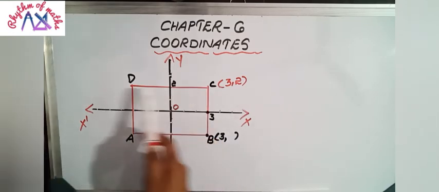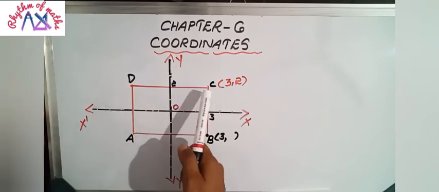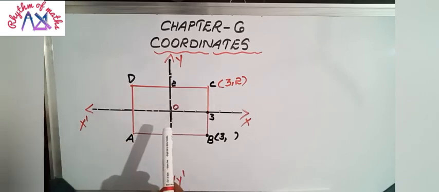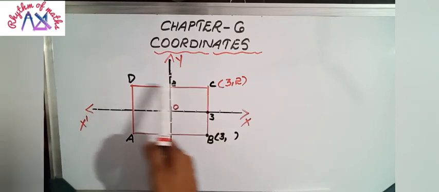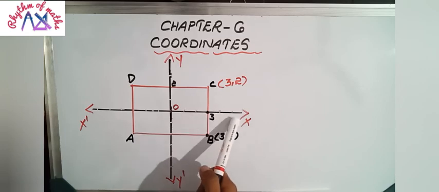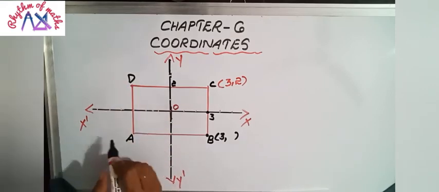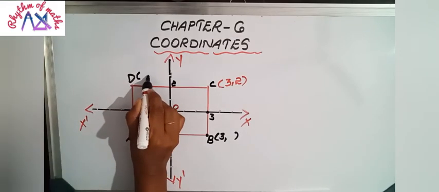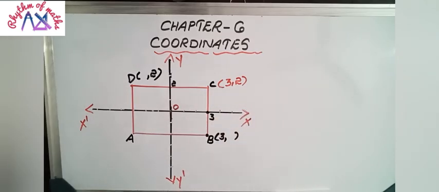Now next, let's consider CD. This CD is parallel to which axis? CD is parallel to the x-axis. CD parallel to x-axis means which coordinate will be the same? Parallel to x means y will be the same. That means in this D coordinate, the y coordinate is the same, that is 2.